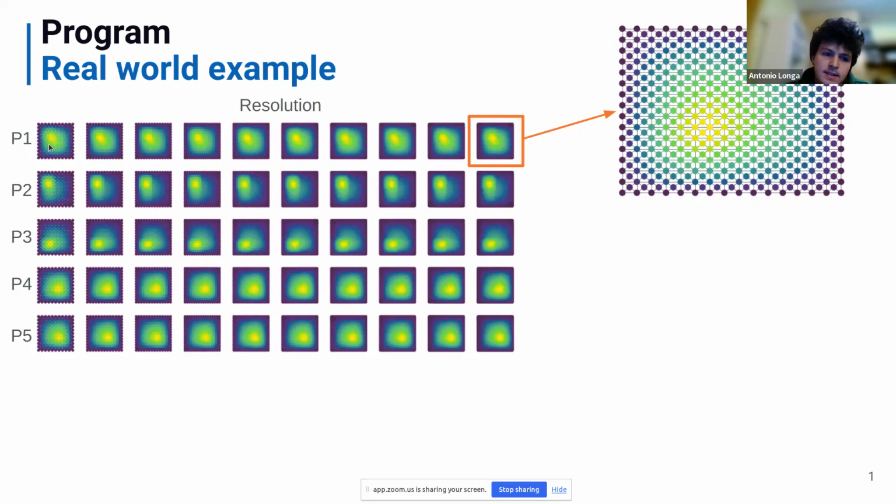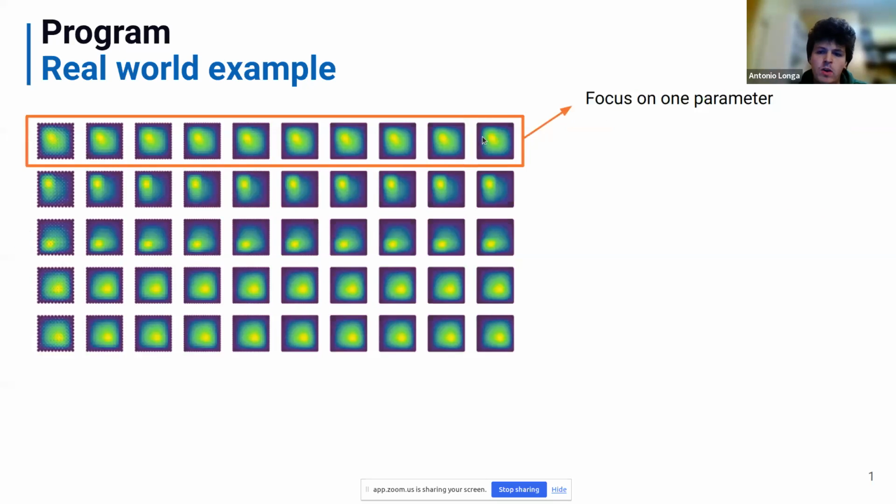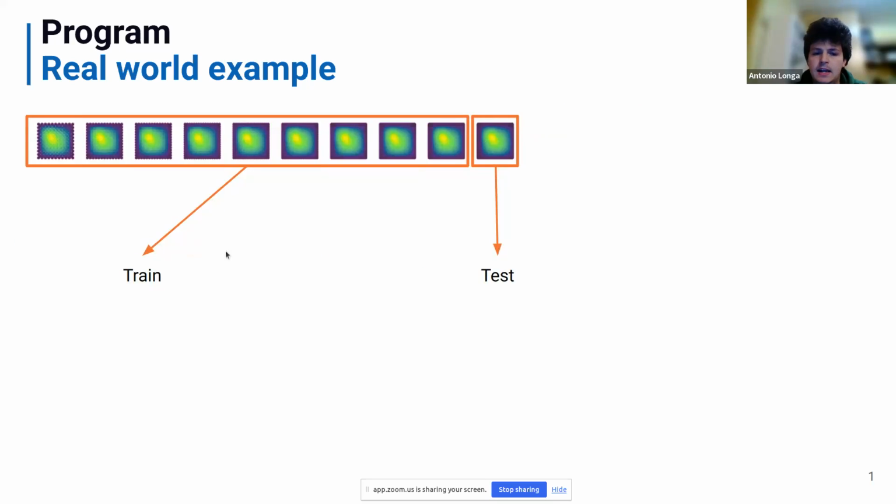So we discretize this and have a much finer zoom, in some sense. We are going to focus only on one parameter, use some of them for training, and predict on the last one. But don't worry, I will come back later giving much more detail.